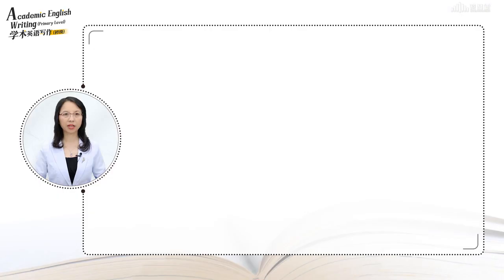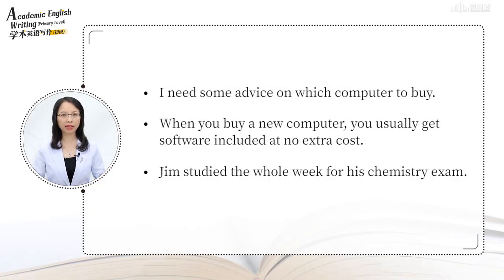What are the differences between an independent clause and a dependent clause? An independent clause contains a subject and a verb and expresses a complete thought. It can stand alone as a sentence by itself. For example, Jim studied the whole week for his chemistry exam.